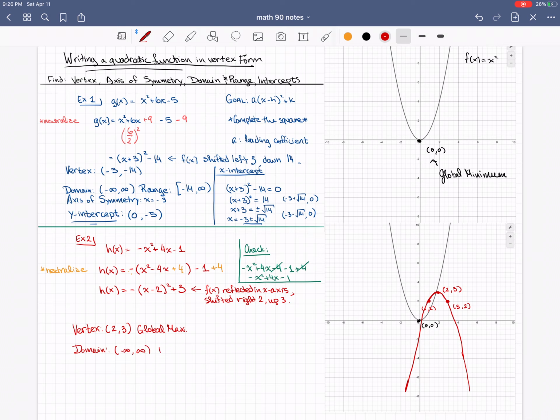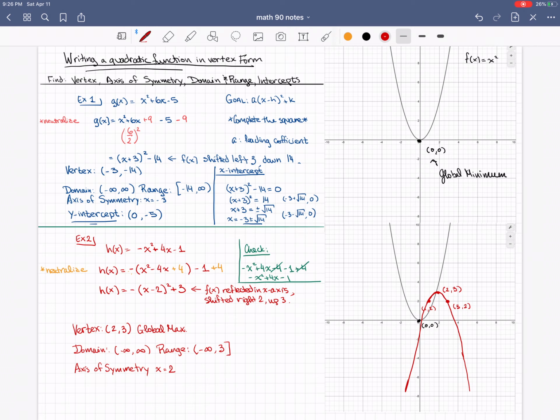And the range this time goes up to the vertex, so from negative infinity up to 3. The axis of symmetry is the vertical line that passes through the vertex. So that's the line x equals 2.